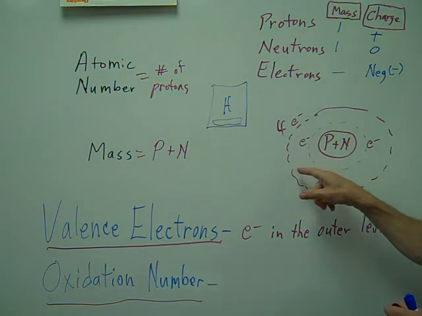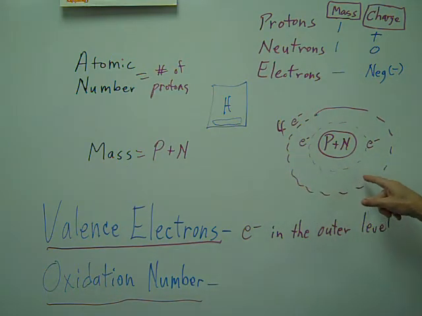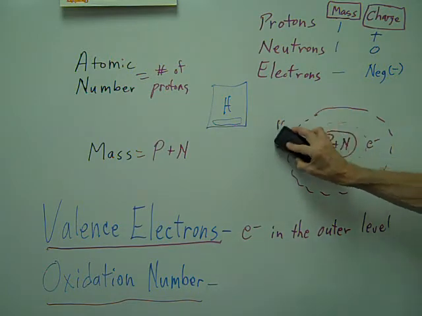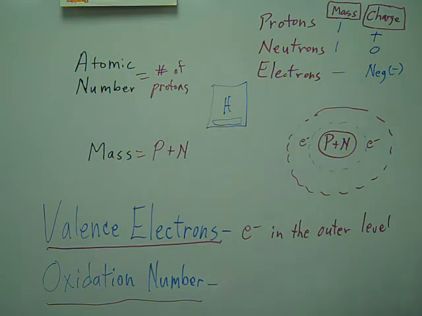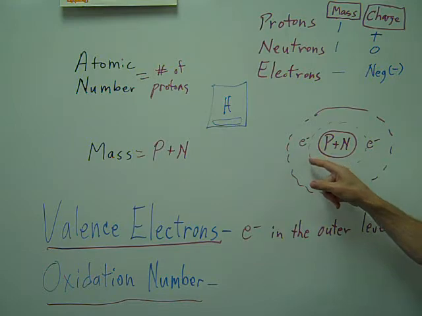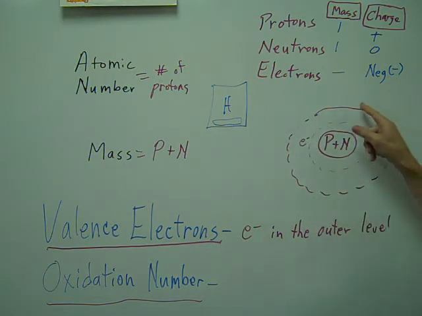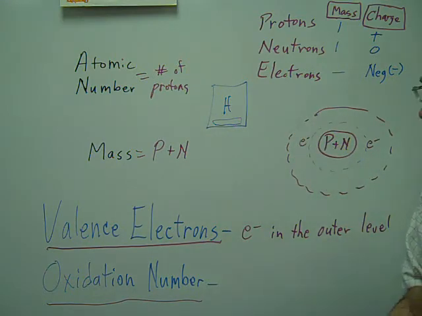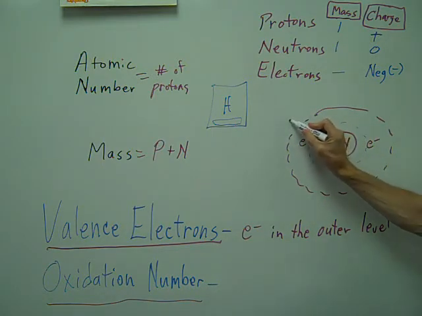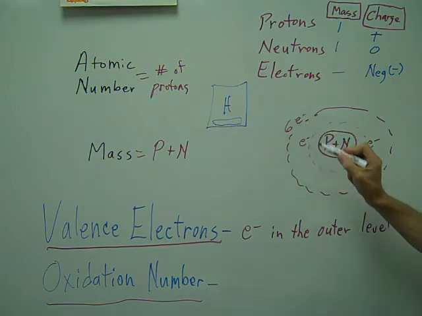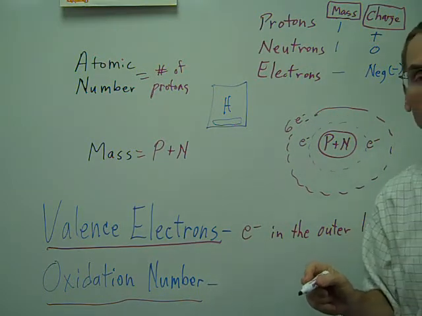We said that typically the orbitals of electrons, I'll erase this, exist in these levels where the first orbital or level can hold only 2 electrons, the second orbital or level can hold up to 8. Well, let's assume that that second orbital has 6 electrons. And this actually would represent the element oxygen.